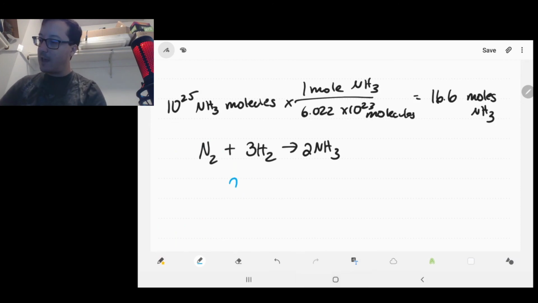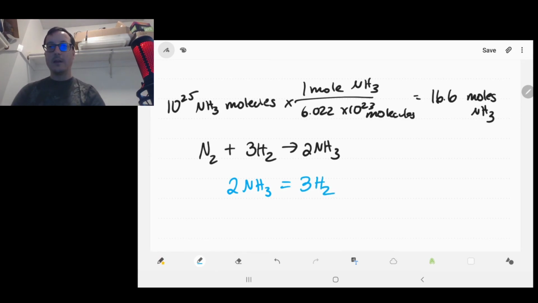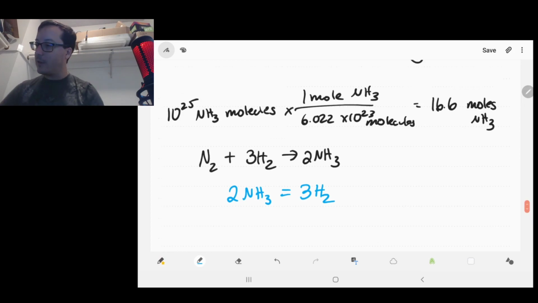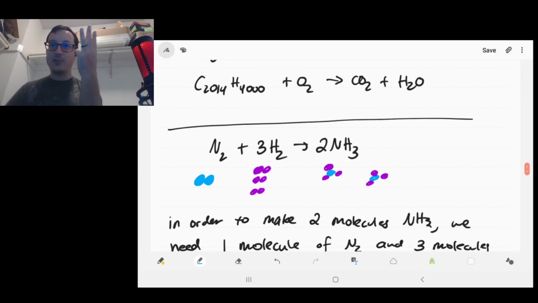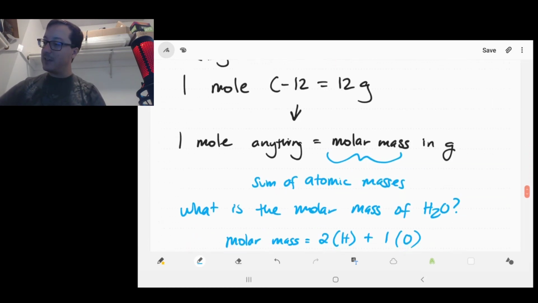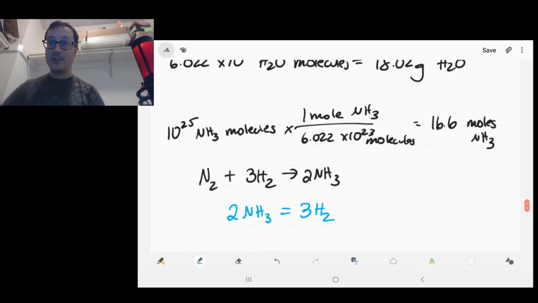We could say, okay, if we're going to make 2 molecules of ammonia, or 2 moles of ammonia, I need 3 hydrogens to go in there. Right? Think about it, if we have our lovely diagrams or little molecules here, I need 3 hydrogen molecules. I get out 2 ammonia molecules. So that's essentially equal to each other for this reaction.